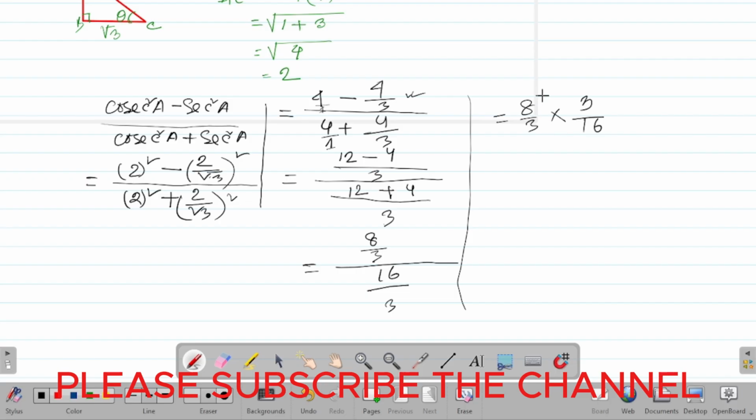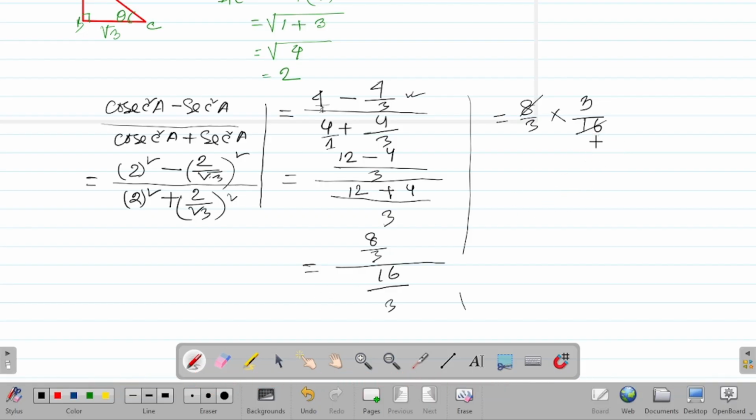Two times 8 is 16, and eliminating 3 and 3 from the numerator and denominator, we get 1 by 2, and this is the value of our desired expression.